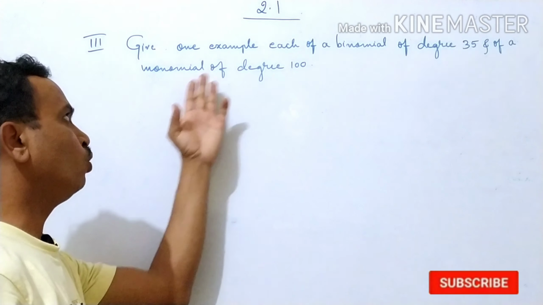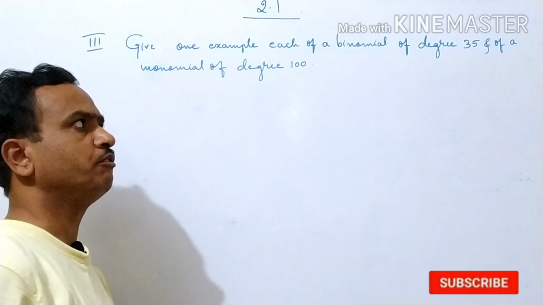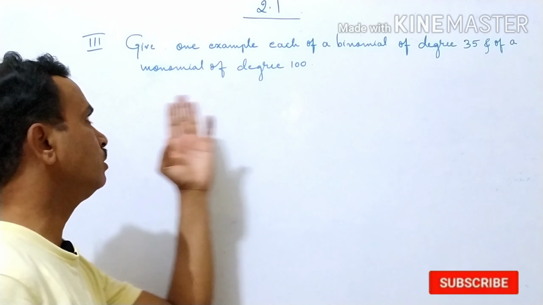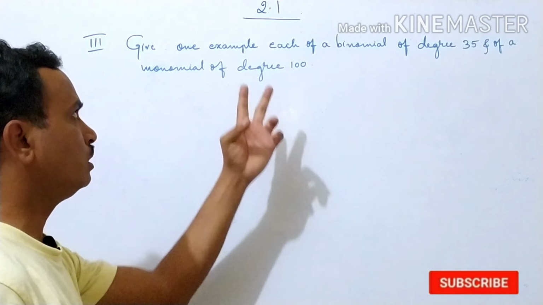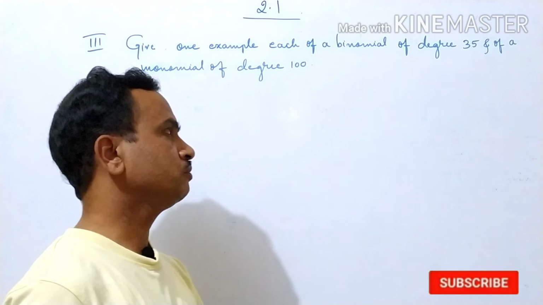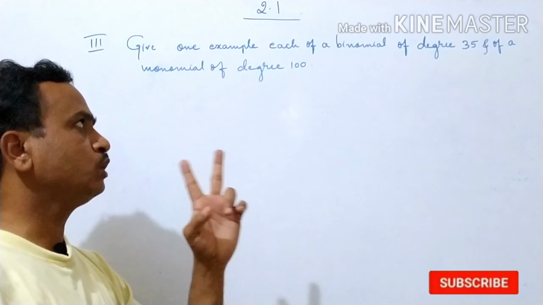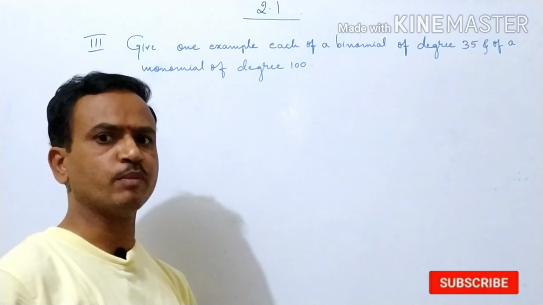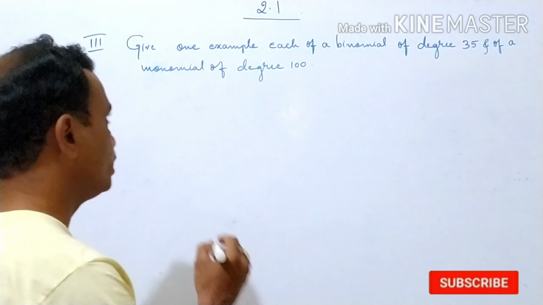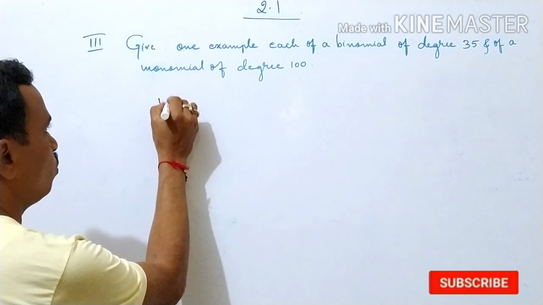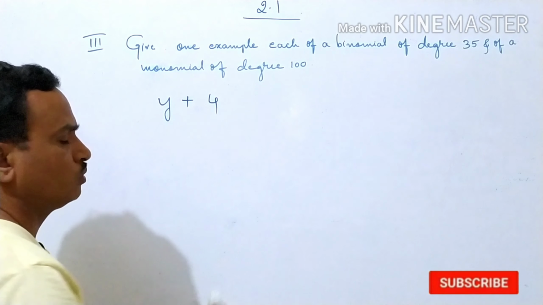Third one, give an example each of a binomial of degree 35 and of a monomial of degree 100. So here, first point, we have to take a polynomial containing two terms, then only we can say it is a binomial. So here we will take y plus 4.